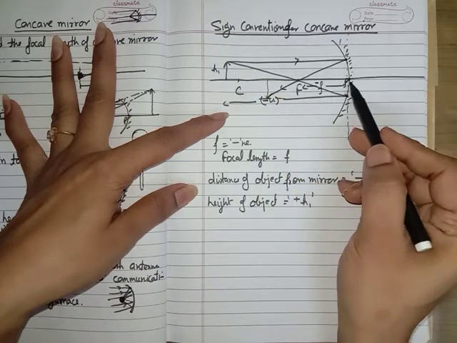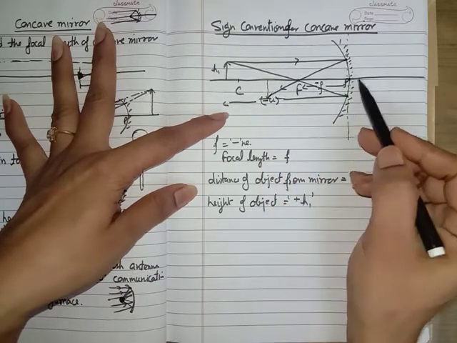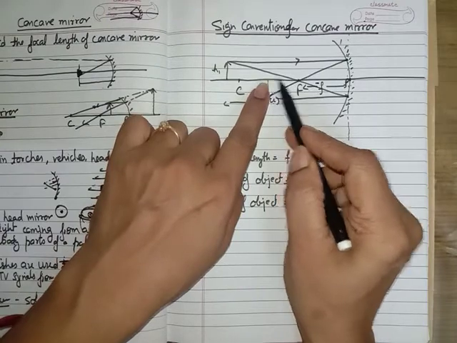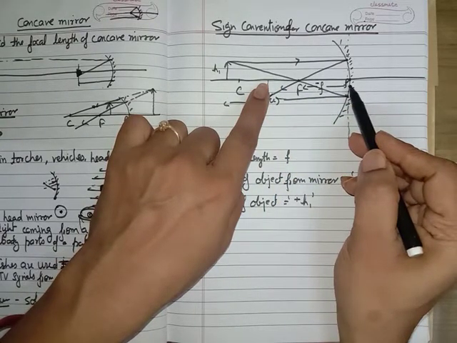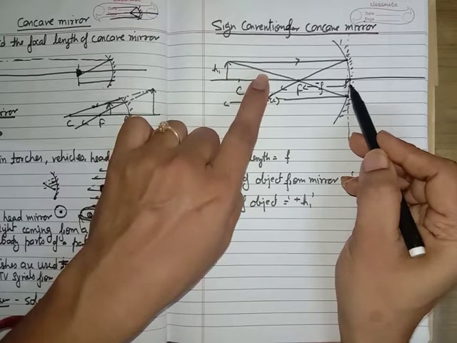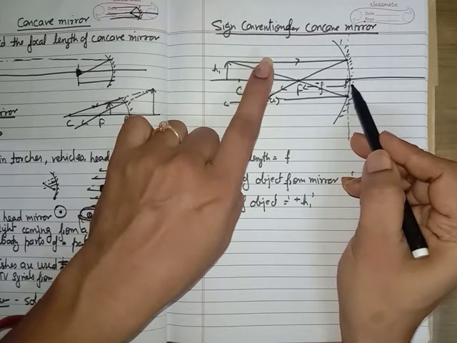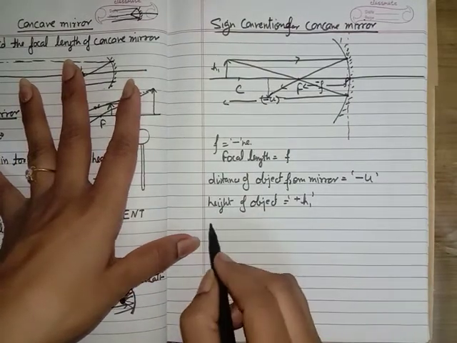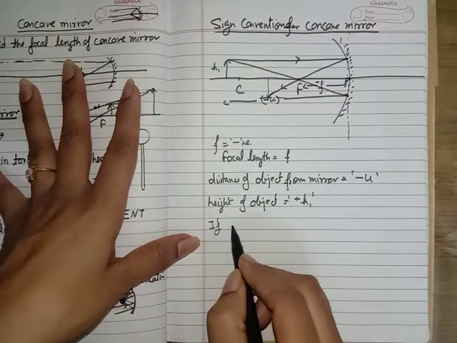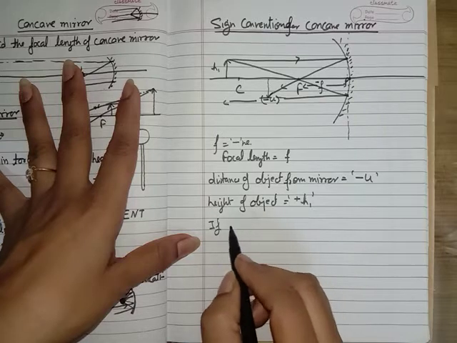Now suppose the image is formed in this direction. It means we are finding the distance of the image from the pole in the left direction, and if we find the distance of the image in the left direction, it should be negative. So this is the case. What is the v here?